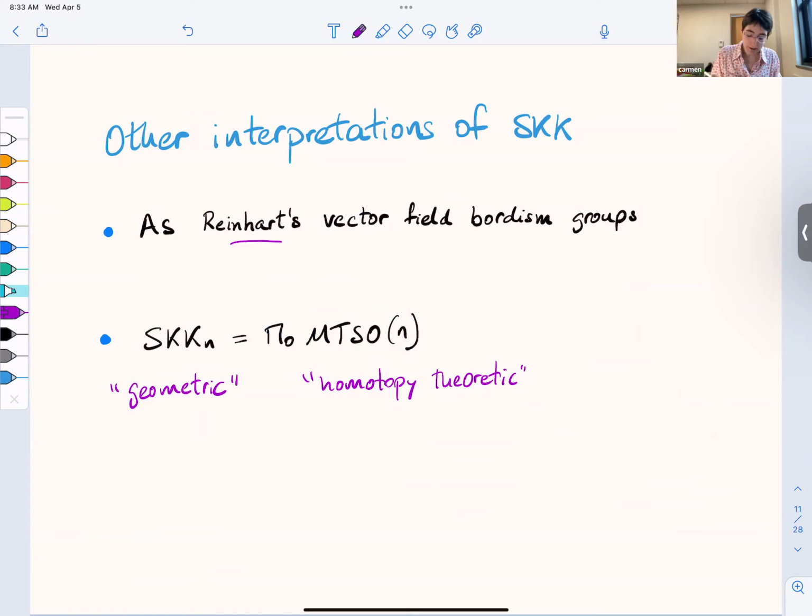And they also have a more homotopy theoretic interpretation as pi naught of this Madsen-Tillmann spectrum. Maybe it's also not something I'm going to go into in this talk, but I thought it's a very interesting connection to mention. Also a little bit because now we're going to be moving on to the connection of this group and invertible TQFTs.